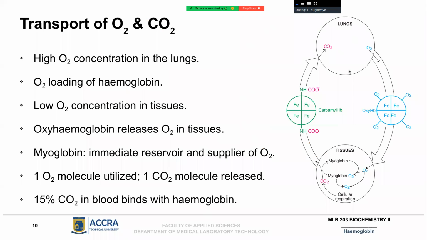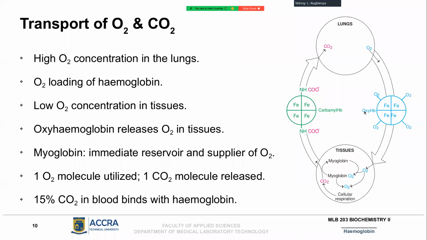So we go on with the transport of oxygen and carbon dioxide, as we talked about earlier. This is a general overview of what is happening. This is in the lungs. Oxygen is breathed in, so there is high saturation of oxygen in the lungs. These oxygen molecules get bound to hemoglobin to give you oxyhemoglobin.